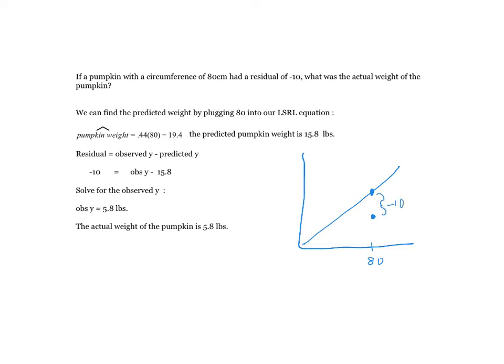So how could I find the actual weight? Well, again, I'm going to plug the 80 into our equation and get the predicted weight, which was 15.8 pounds. So that means this is 15.8. So the actual pumpkin would be 10 pounds less than that. If I subtract 10 pounds from 15.8, I get 5.8. So the actual weight of the pumpkin is 5.8 pounds.